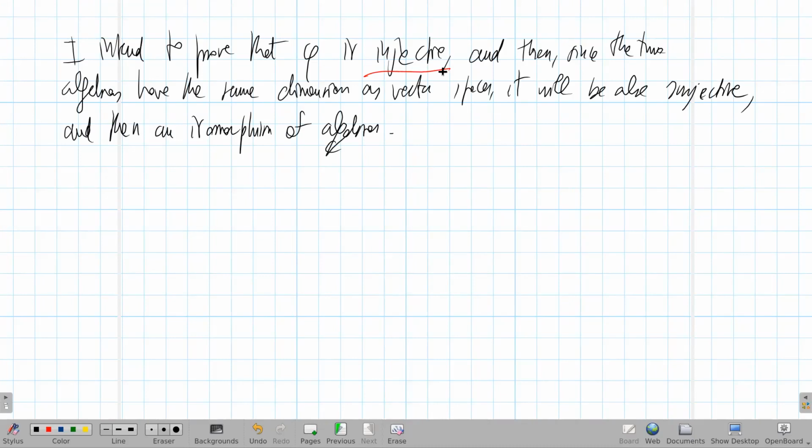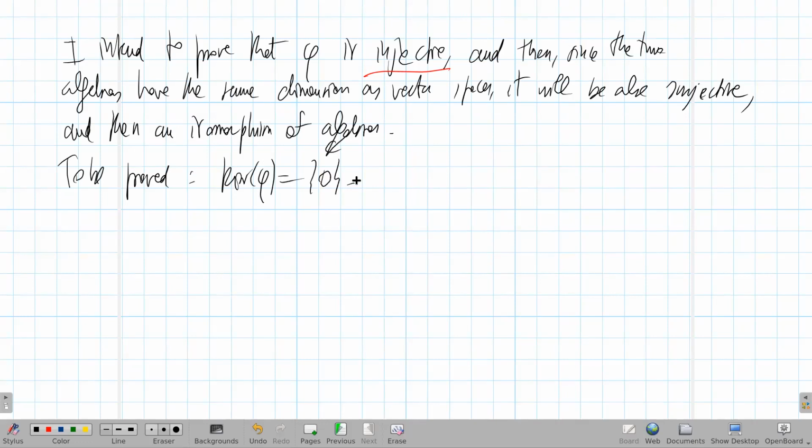And of course, how do you prove that such a thing is injective? It's enough to consider it as a linear map, because it's a morphism of algebras, in particular of vector spaces. Since phi is a morphism, what is to be proved is that the kernel of phi is equal to 0.